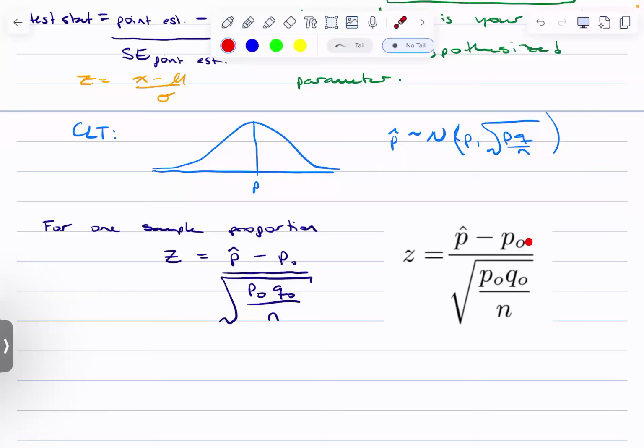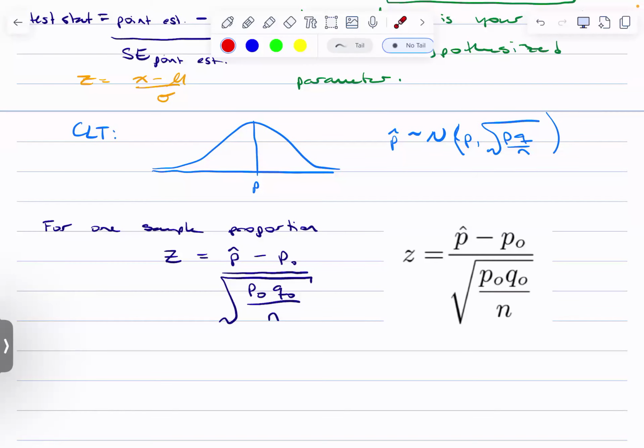The reason we use p naught, if you're okay to just accept it, that's great, but it's because we assume the null hypothesis is true. In that case, the null hypothesized value is a better estimate for the population proportion than our p hat. We assume that this is the true center, and so it's a better estimate. But that's the only reason.